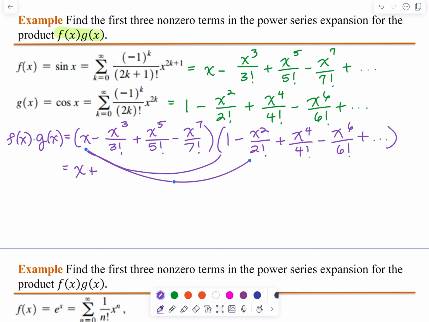We're also going to have a 1 multiplied by this x cubed term. So there's only 2 places that we can come up with an x cubed, and that would be multiplying this by 1 and multiplying x squared by x. Okay, along with the constants.